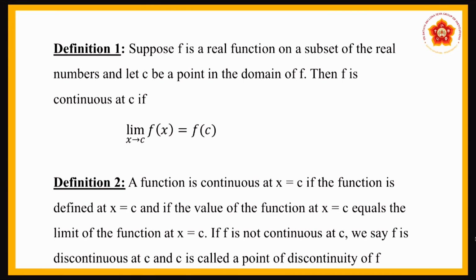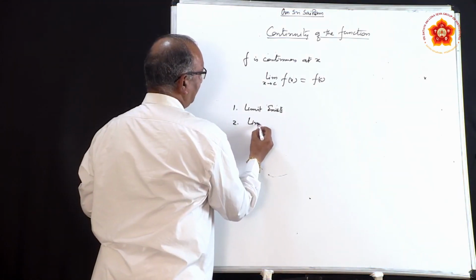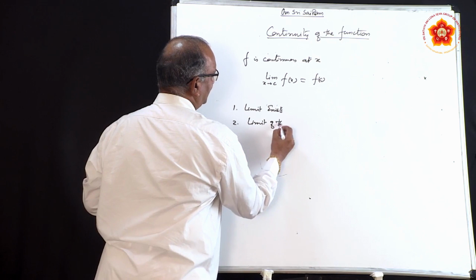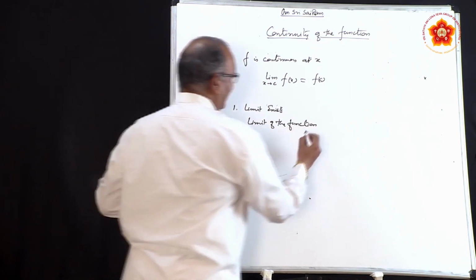At the given point x equal to c, there are two conditions. The first condition is that the limit exists. The second is that the limit of the function is equal to the value of the function.